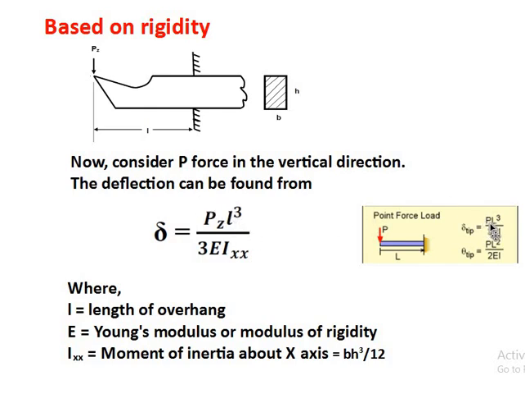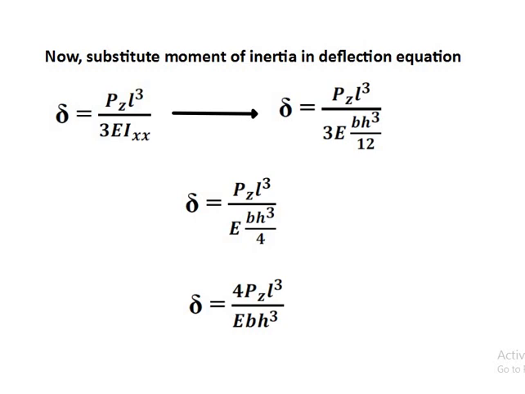That means P, the vertical load in Z direction, L cube divided by 3E into the moment of inertia about x-axis. The moment of inertia about x-axis is BH cube divided by 12. Now substitute the moment of inertia in the deflection equation, that is instead of I, it is BH cube divided by 12.